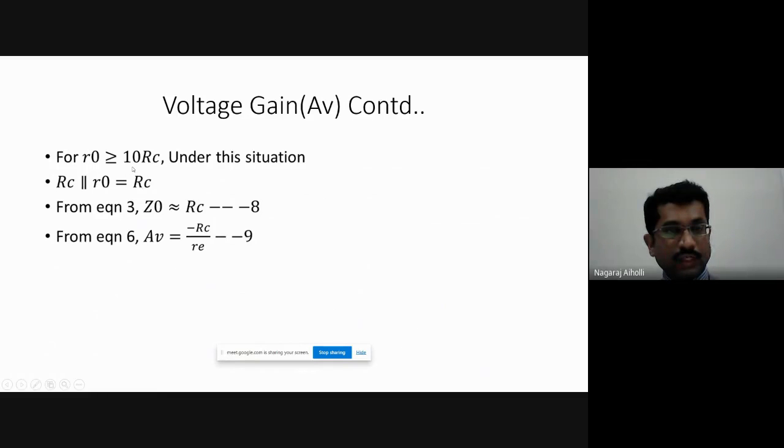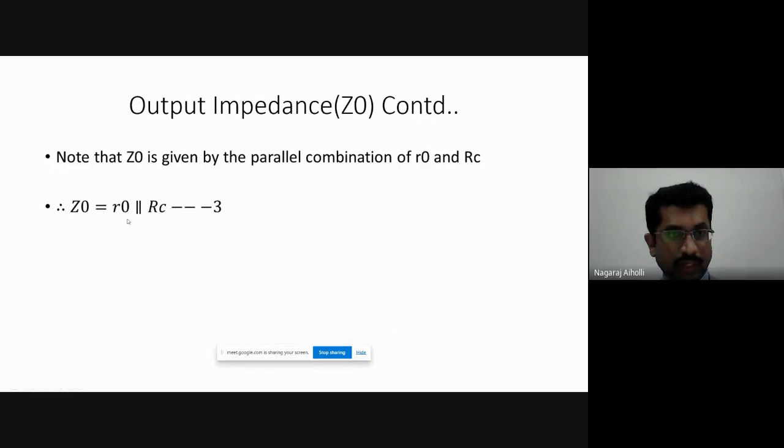Similarly, for the output, let us apply the condition that the output resistance ro is greater than or equal to 10 times RC. Under this condition, what will be ro parallel RC? That is 10 times RC parallel RC. So it will be the smaller value, that is capital RC only. Therefore, in equation 3, ro parallel RC, that is 10 times RC parallel RC, will be simply equal to capital RC.